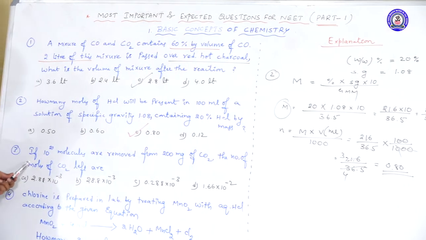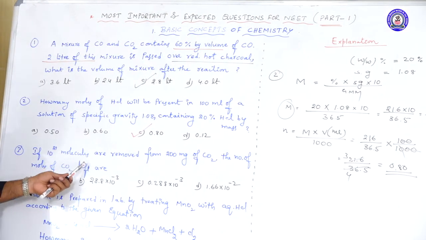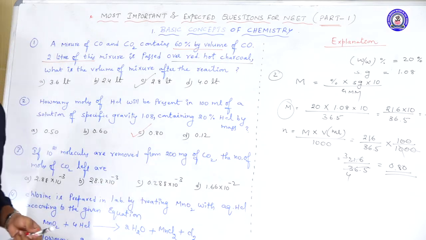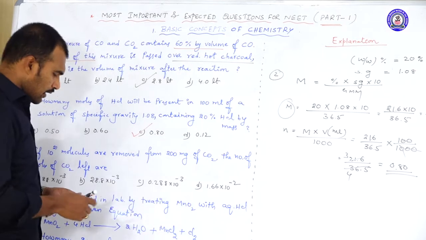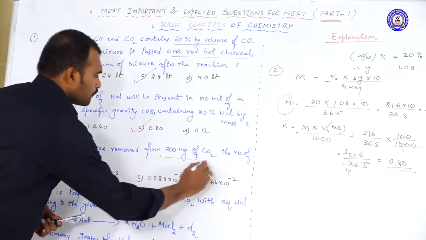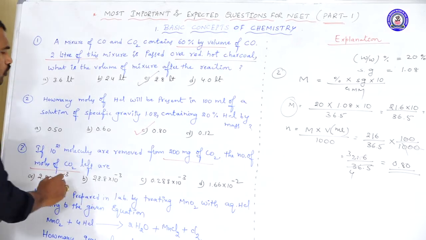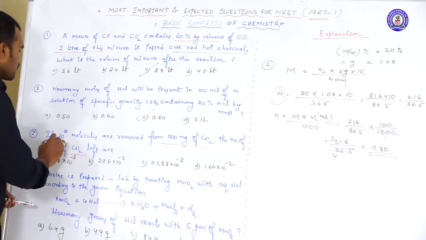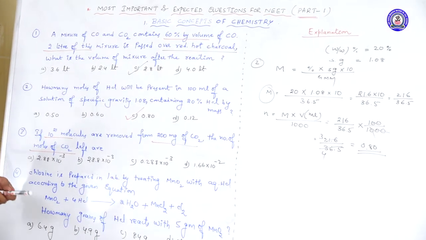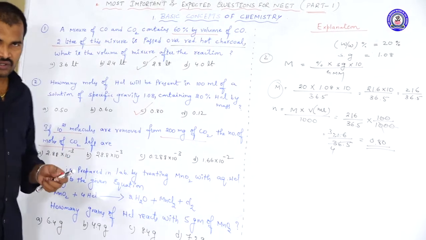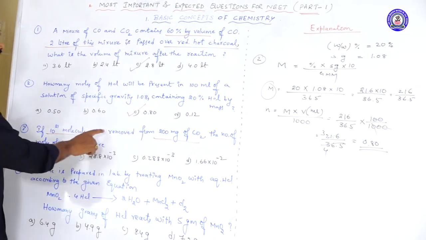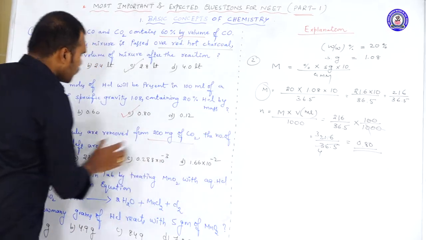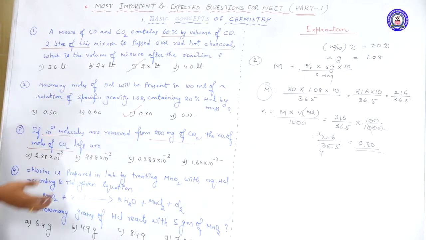Third question. If 10 power 21 molecules are removed from 200 milligrams of CO2, then the number of moles of CO2 left, meaning after we remove the 10 power 21 molecules, what is the remaining number of moles, is what is asked. So it is based upon the mole concept.